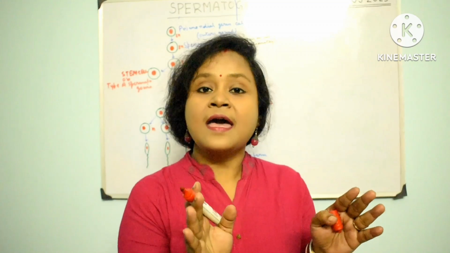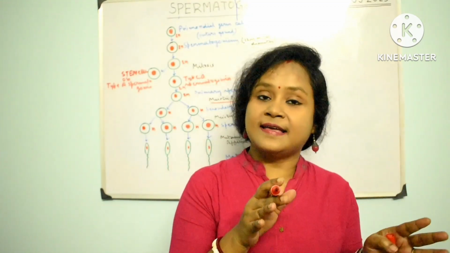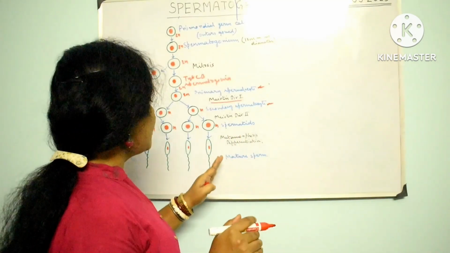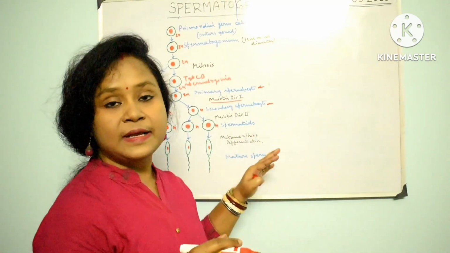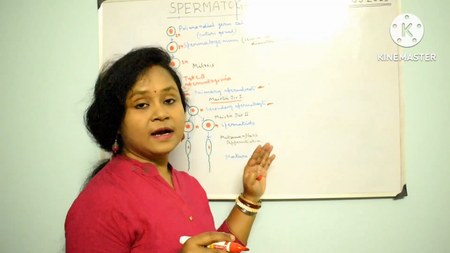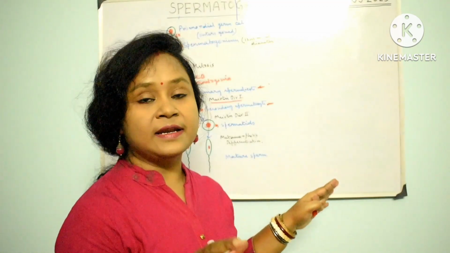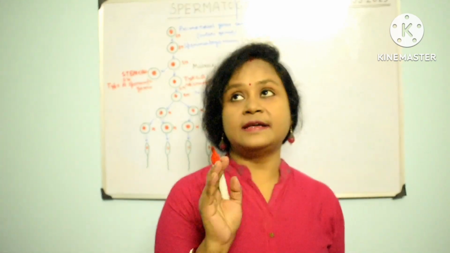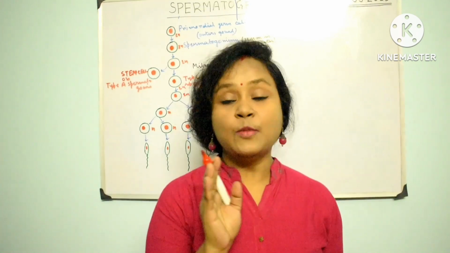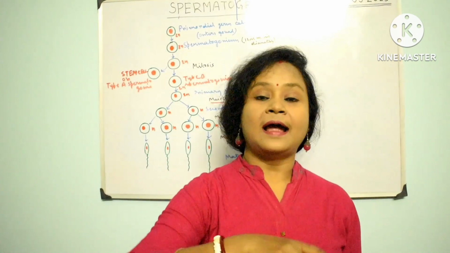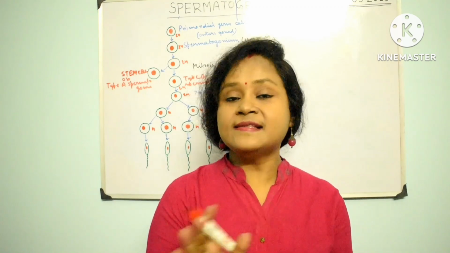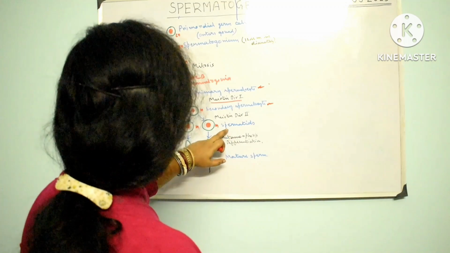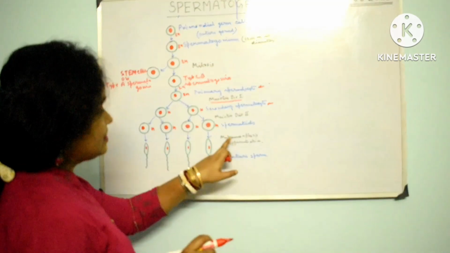In this case, what they metamorphose from and the product generated are completely different morphologically, as we already studied in the tadpole larva and the mature frog, which do not have any similarities. So here metamorphosis and differentiation occur and the spermatid changes into mature sperm.